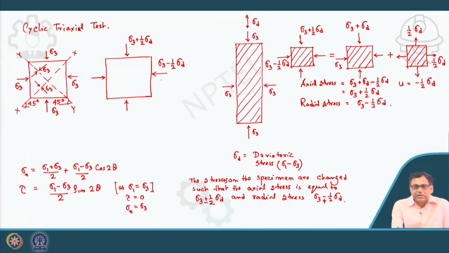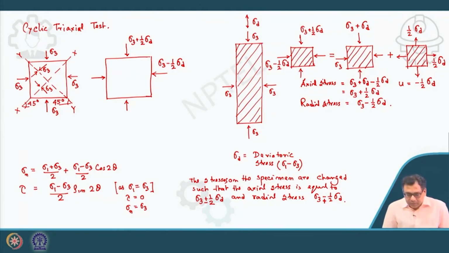So that is the condition I want to achieve. So that can be achieved in this way. So that means here U is the pore water pressure. So the axial stress is the total stress minus pore water pressure. So this is sigma 3 minus half sigma d. So this is the effective stress which is acting.